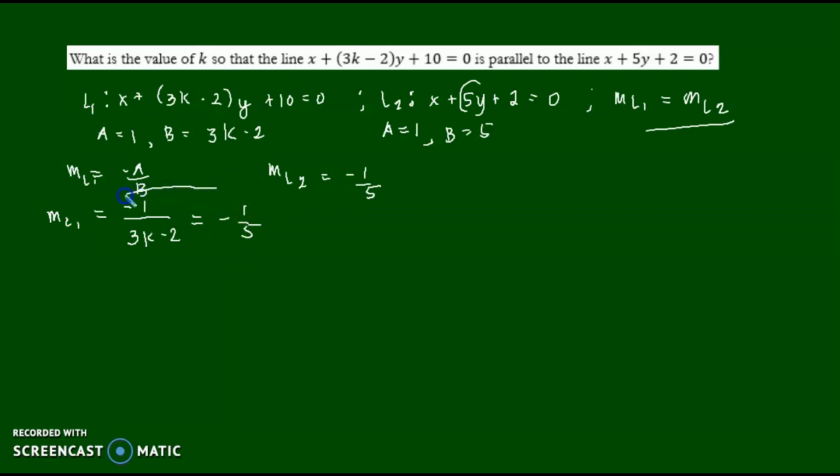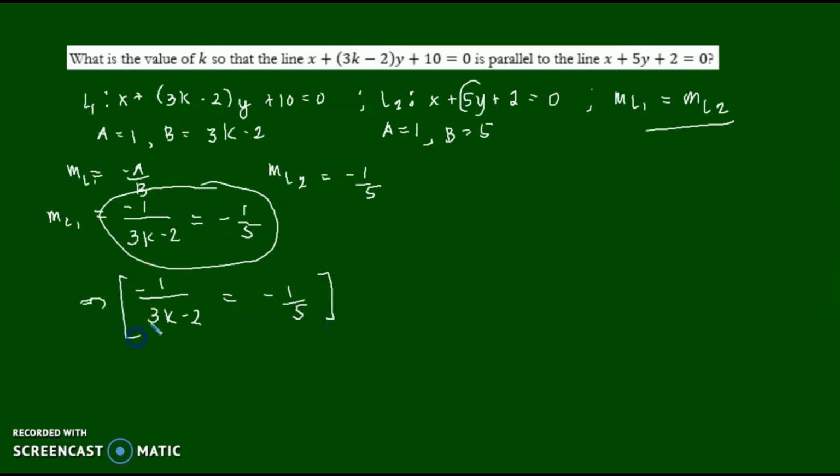Now, equate this and solve the equation: negative 1 over 3k minus 2 equals negative 1/5. So, multiply the whole equation by the LCD. What is the LCD? It's 5 times 3k minus 2.